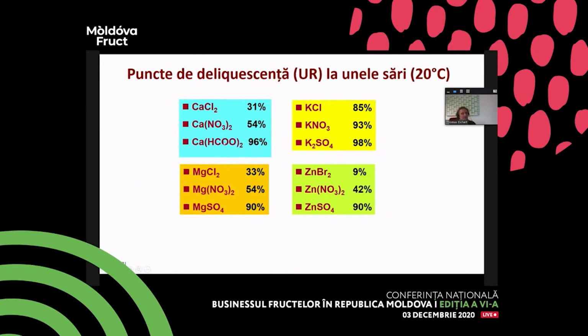This is a calcium salt which is sometimes used for foliar application. This is the chloride, 31%. The range may be lower with other salts, for example, with the potassium. The range is between almost saturated to 85, but we can see a general rule of thumb. The chlorides always have the lowest deliquescence point, sulfates the highest, and the nitrates somewhere in between.